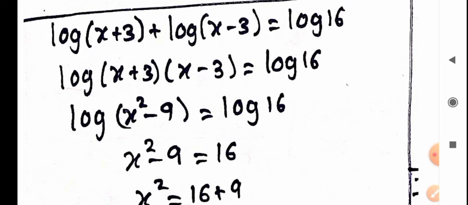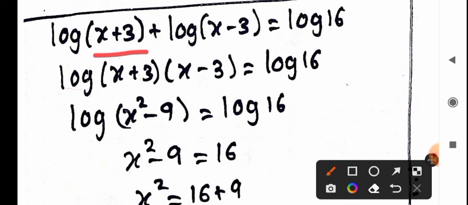Now another example, log x plus 3 plus log x minus 3 is equal to log 16. So using product rule, log x plus 3, log x minus 3, this will become log of x plus 3 into x minus 3. So x plus 3 into x minus 3 is x square minus 9.